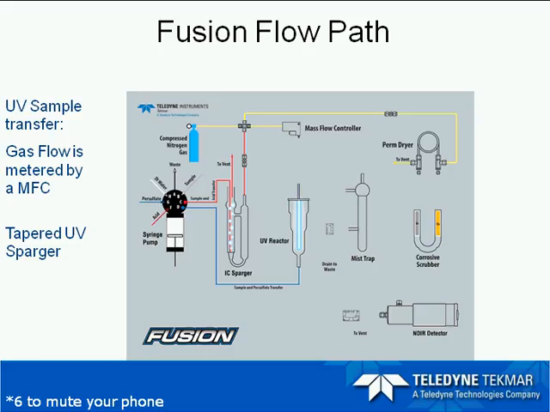This allows the sample to go up higher inside the chamber and have more interaction with the UV light and the oxidant. Inside that UV chamber, you can use either ammonium or sodium persulfate as the oxidant. Both are acceptable and give you very good oxidation of the sample.